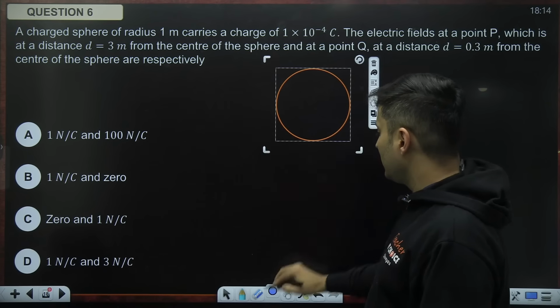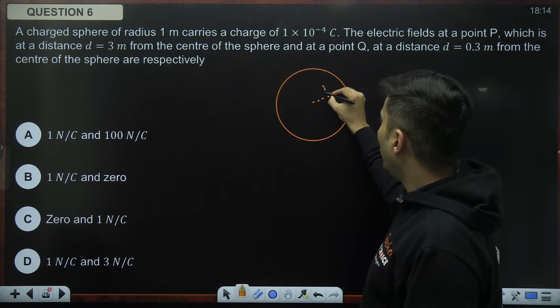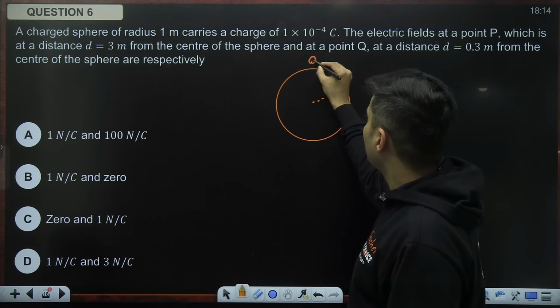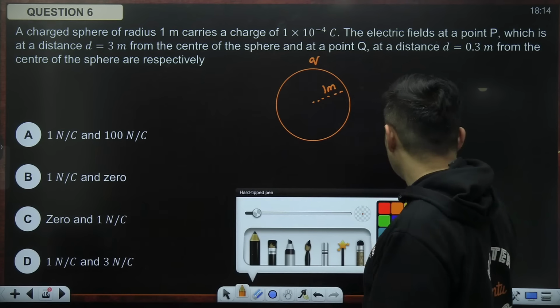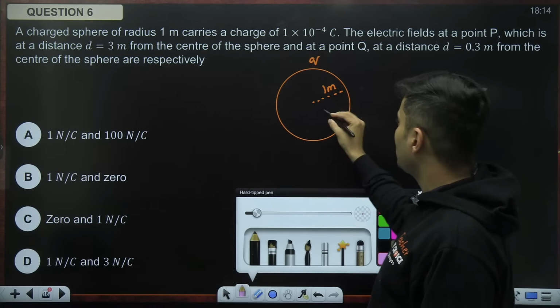First of all, if this is a sphere and the radius of the sphere is given to be 1 meter, the charge on the sphere is, let's say, small q. Then the first distance that we are talking about is point P, which is at a distance of 3 meters.